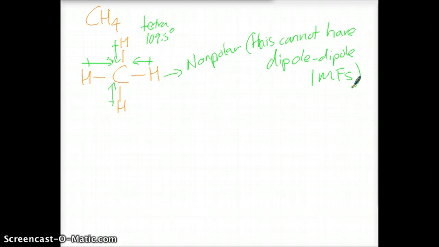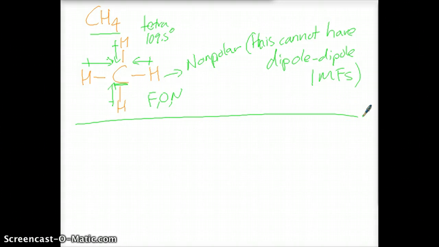We also know it can't have hydrogen bonding because carbon is not an F-O-N. So this can't have hydrogen bonding or dipole-dipole forces. That helps to explain the boiling point of methane, which is negative 70 degrees Celsius or something like that.